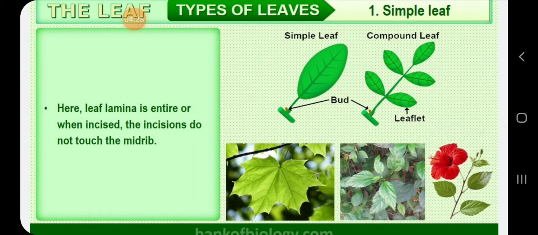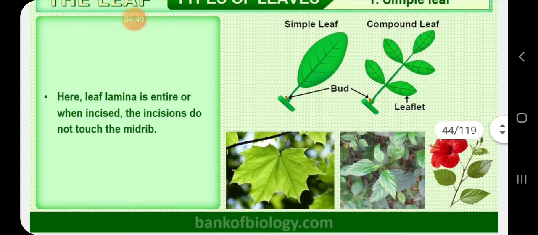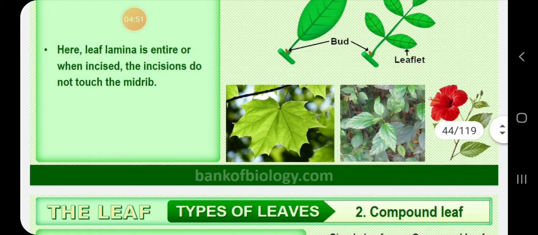Now simple leaf, here the leaf lamina is entire. Entire means the single leaf will be there, and there is no incision, meaning cut portion, which divides the whole leaf into small leaflets. So it does not touch the midrib. Even if, for example, here at the bottom you can see there are incisions.